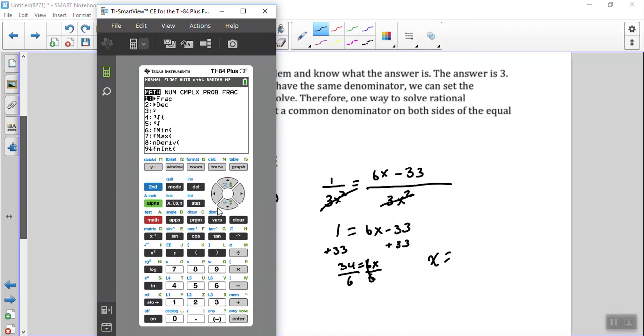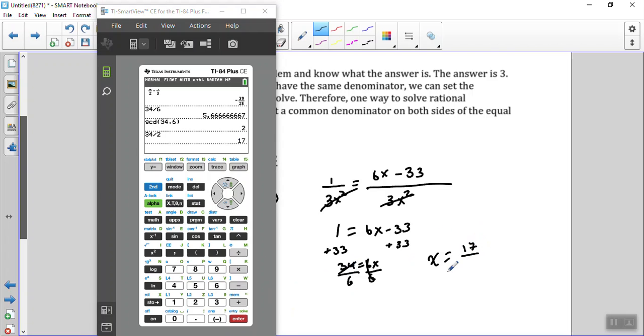Let's find a common factor. There's a number that goes into 34 and 6, which is 2. So 2 goes into 34 17 times, and 2 goes into 6 3 times. So this is my final answer.